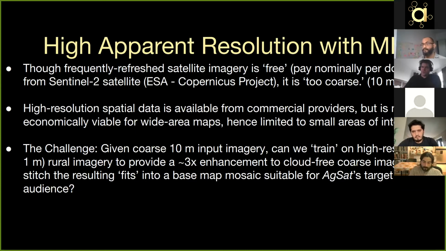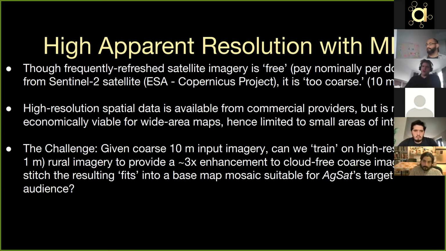That's from the European Space Agency Copernicus project. It is too coarse for this use case of being used as a base map. So what we can do is combine those images with high resolution spatial data available from the commercial providers.